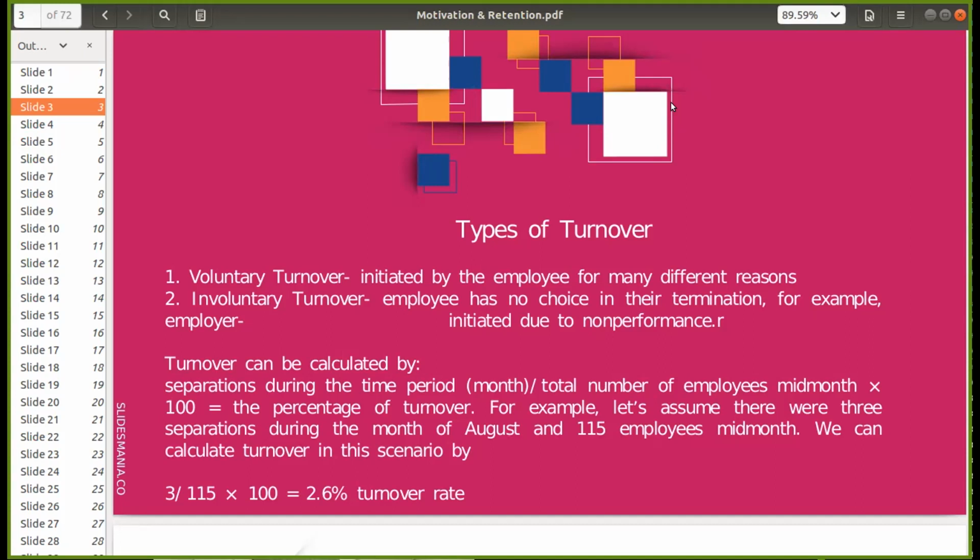So we calculate the turnover by 3, yung tatlong umalis. Okay, tatlong nag-resign. And then divided by 115 employees for that mid-month, times 100. Okay, so there's a 2.6% turnover rate. So 3 divided by 115 times 100.